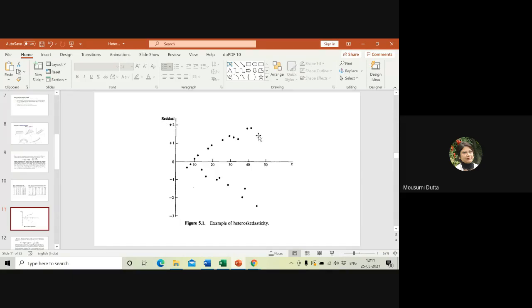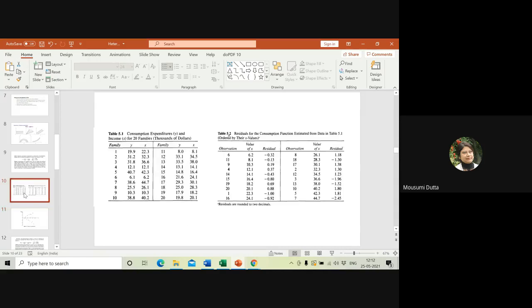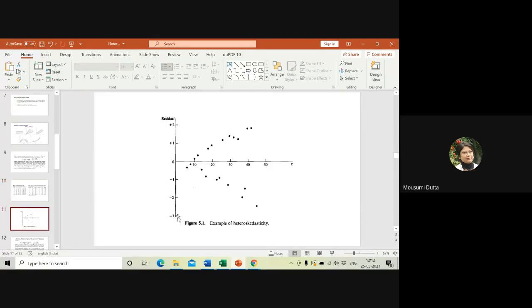So from this table, also practice the thing using your Excel. Not only the theory, but also the Excel. You have this database with you. Just type all these observations, then estimate the regression, then find out the residuals, then arrange x in increasing order, put the relevant residuals beside, and then plot the residuals against the x values, or residual square against the x values.